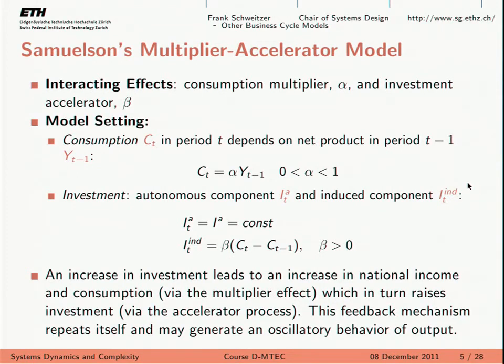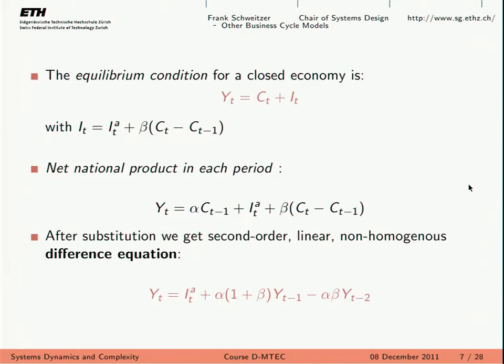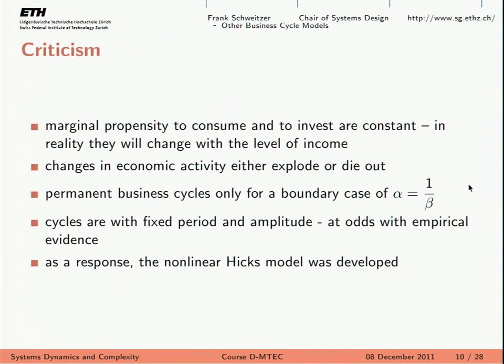So 1 unit of output induces alpha units of consumption. It's constant in the model, right? Alpha is constant, but of course this is not really realistic. It's been shown that as people become more and more wealthy, their consumption kind of saturates at some point. There's only so much they can physically consume. So alpha is by no means constant in the real economy.